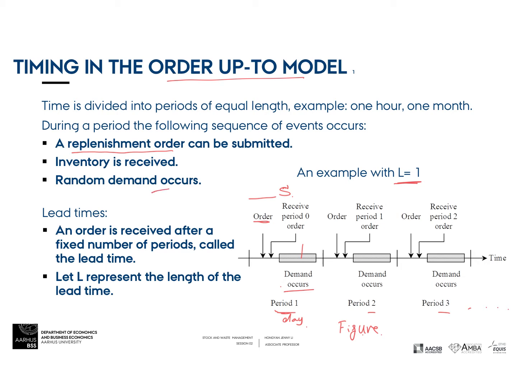An order is received after a fixed number of periods. This is called the lead time. In this figure, we assume the lead time is 1, but actually the lead time can be 1, 2, 3 or more periods. We let L represent the length of the lead time.